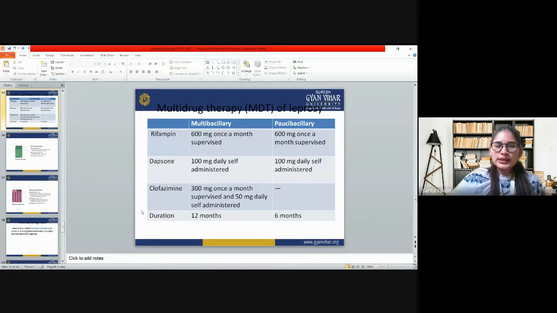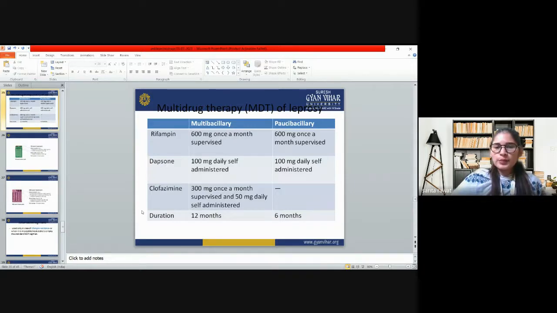Now you can see the multi-drug therapy of leprosy includes rifampicin. In multibacillary, we can use it at 600 mg once a month, supervised. In paucibacillary, we also use 600 mg once a month, supervised.